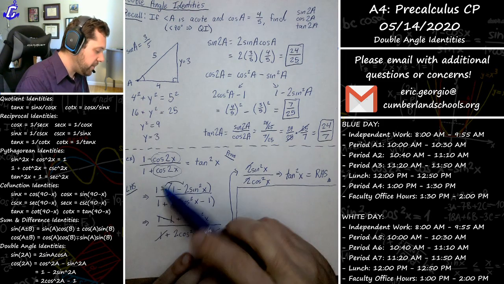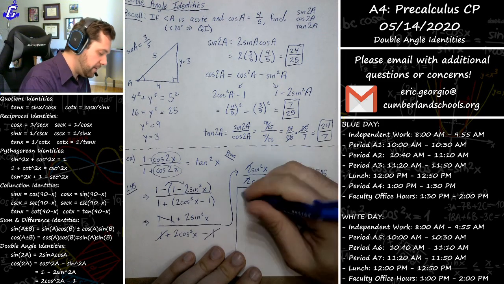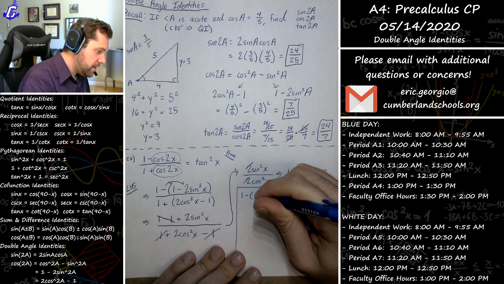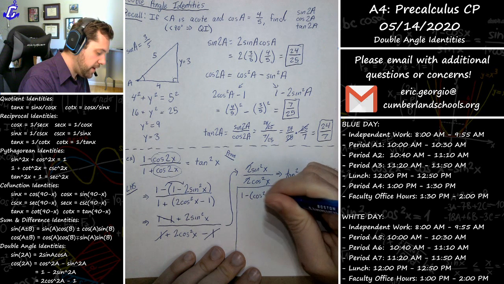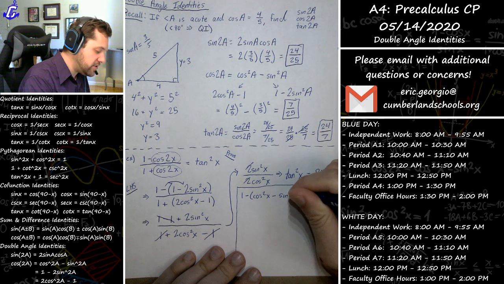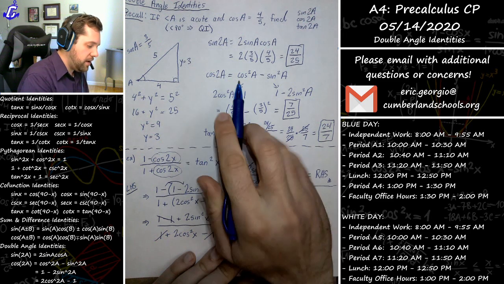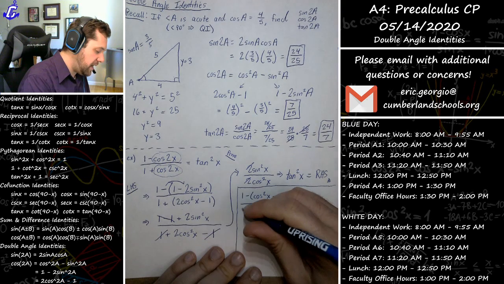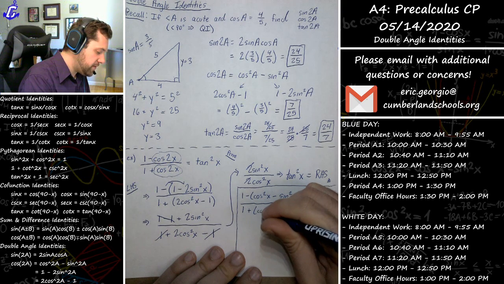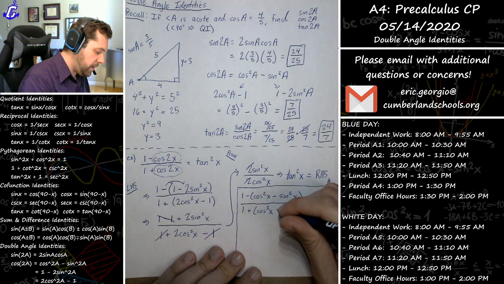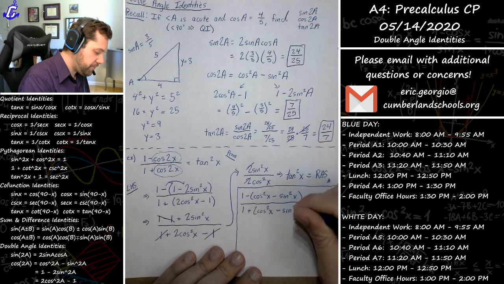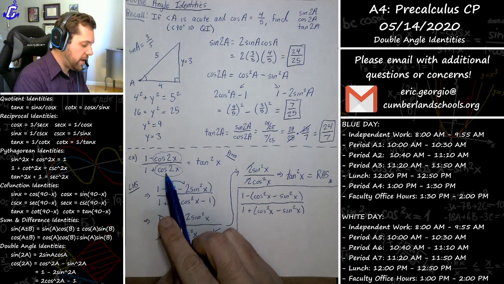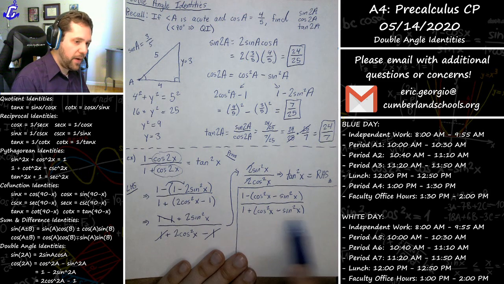Well, going from this step, you would have gotten 1 minus cosine squared x minus sine squared x. That's just the other version of cosine of 2x. Over, and say I use that same version in the denominator, 1 plus cosine squared x minus sine squared x. What if I decided to use this variation?